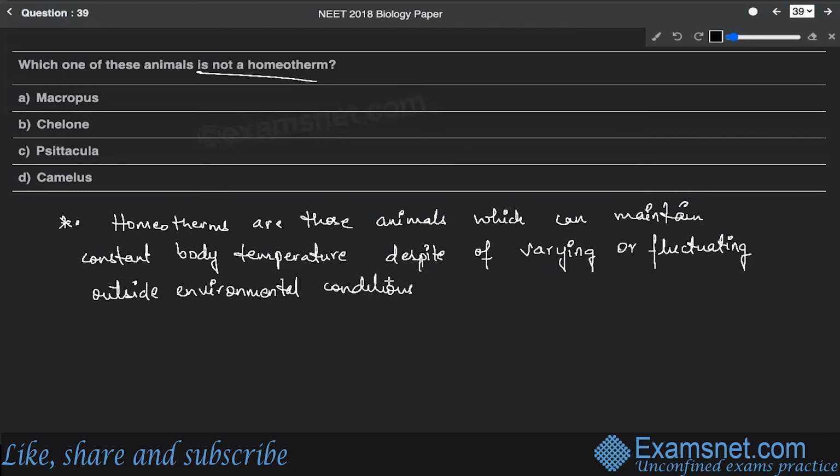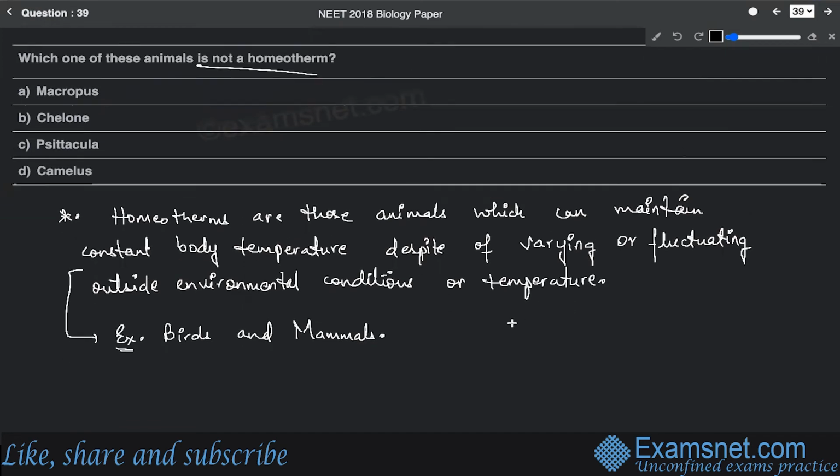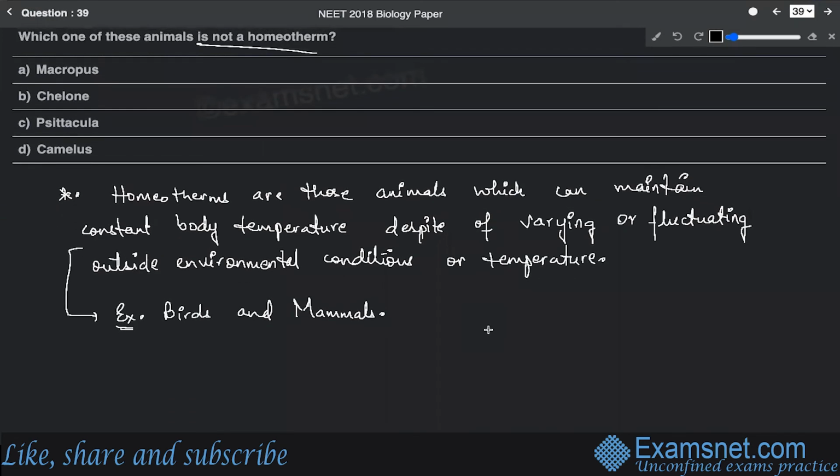And the example of homeotherms is basically birds and mammals. So all the birds and mammals, they show a process or a category of homeothermy.